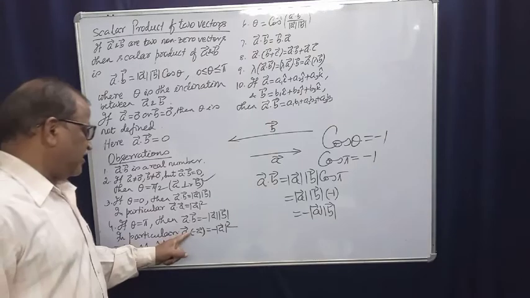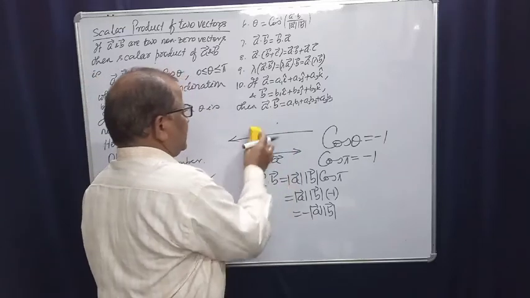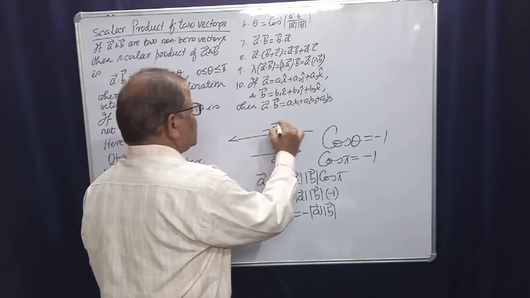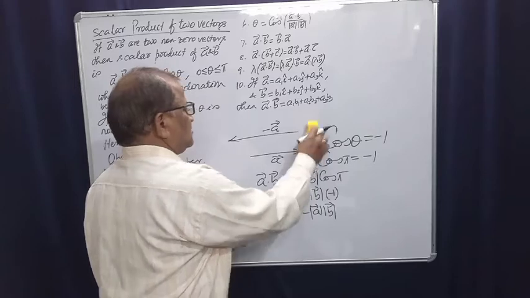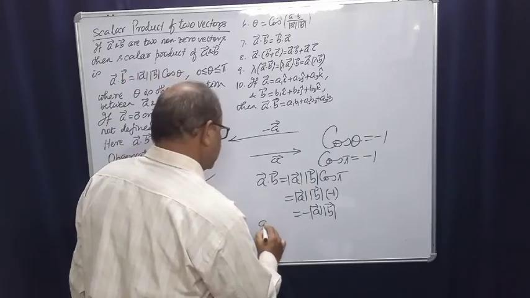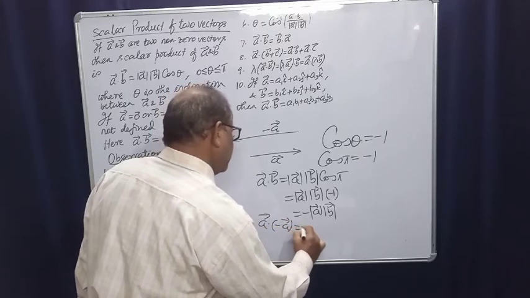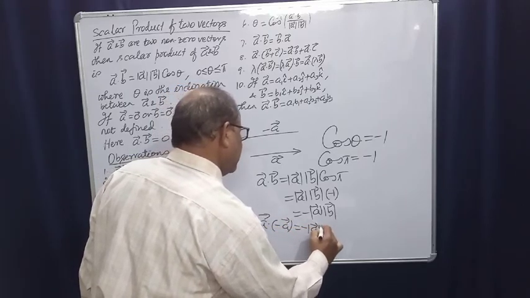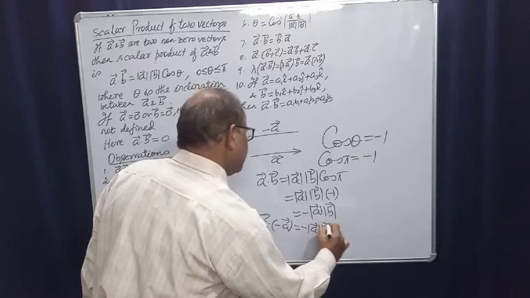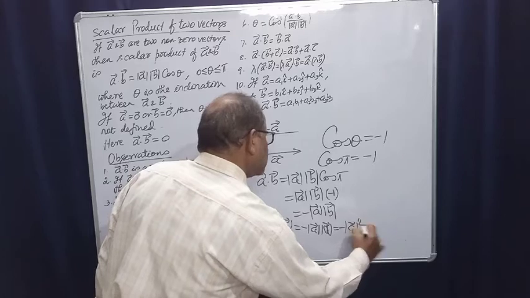In particular, A dot minus A, because they are opposite. Suppose one is A, the other will be minus A. Right? Here, A dot minus A will be minus magnitude of A into magnitude of A. That is minus magnitude of A square.